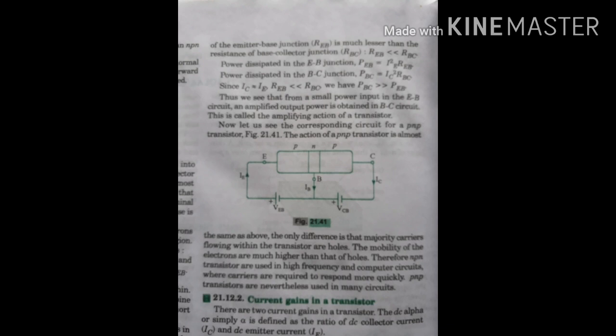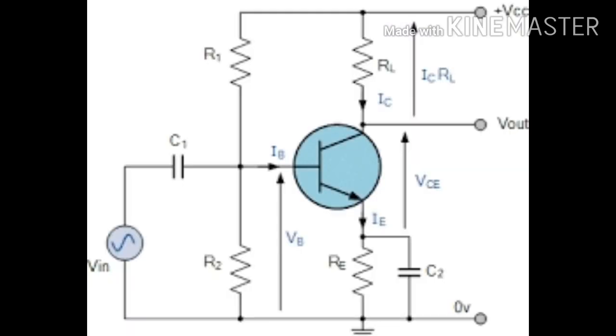That means the power dissipated in the collector base region will be higher than the power dissipated in the emitter base junction. So this can be looked upon as the amplifier action. The output is amplified.